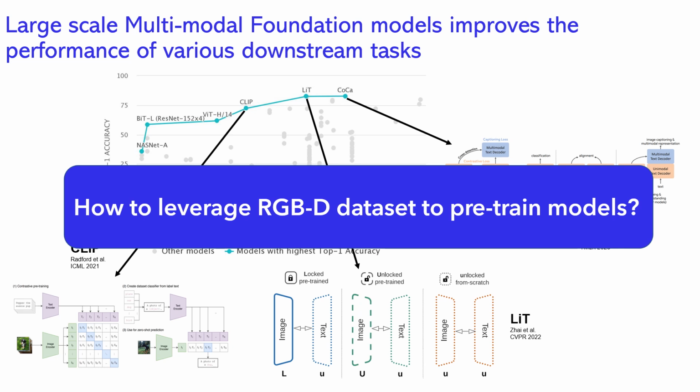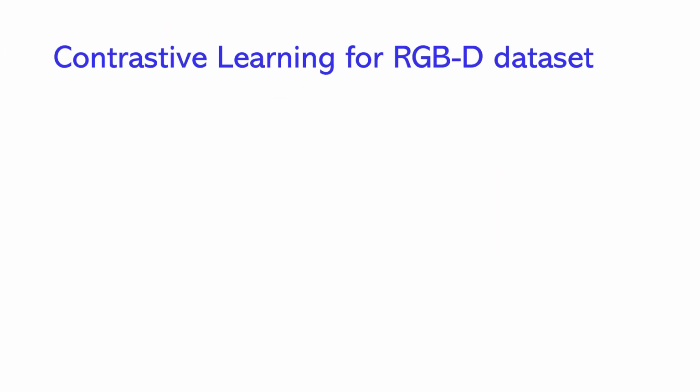In this work, we are interested in leveraging multi-modal data like RGB-D datasets. Various 3D understanding approaches have been leveraging RGB-D datasets for high-level understanding and low-level point matching tasks. One approach is to use contrastive learning to understand the correspondence between the different modalities.